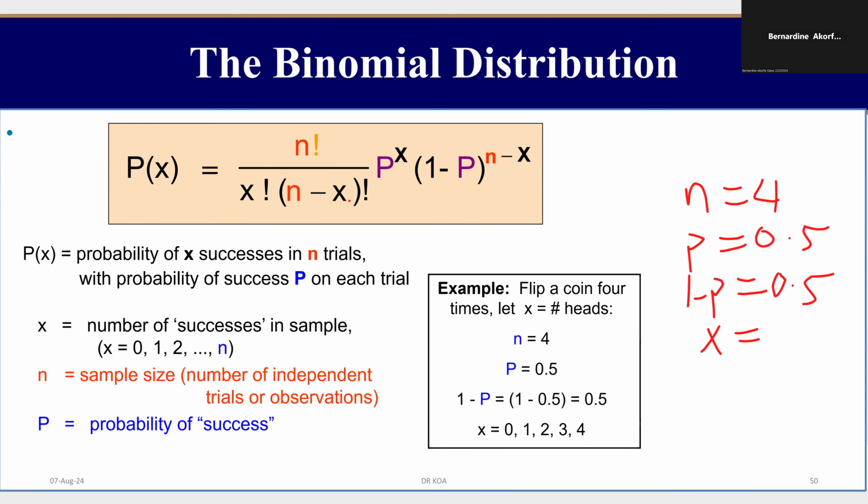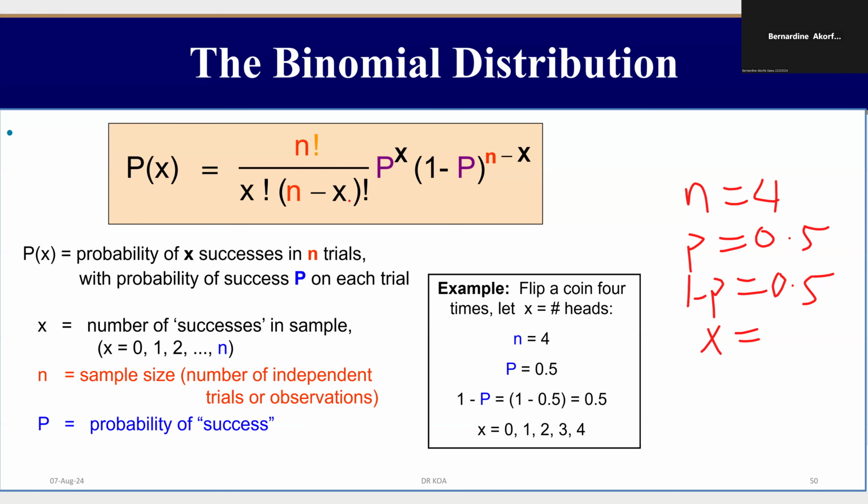So now the question becomes, how do you put this into the binomial formula? You got to calculate the probability that X is 0, the probability that X is 1, and so on.